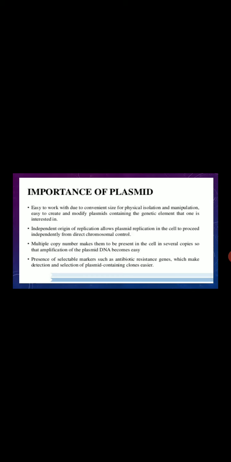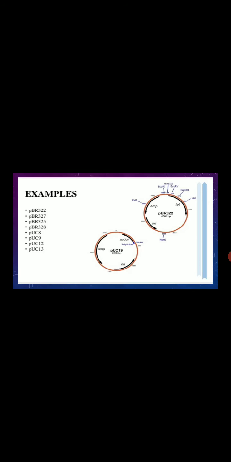Multiple copy number makes them present in the cell in several copies so that amplification of the plasmid DNA becomes easy. Presence of selectable markers such as antibiotic resistance genes makes detection and selection of plasmid-containing cells easier.